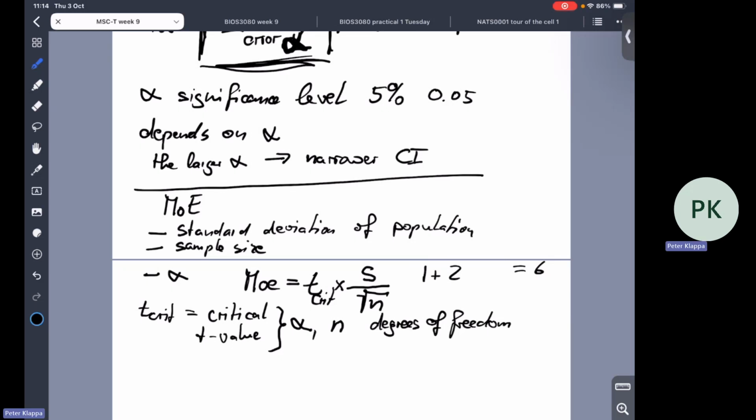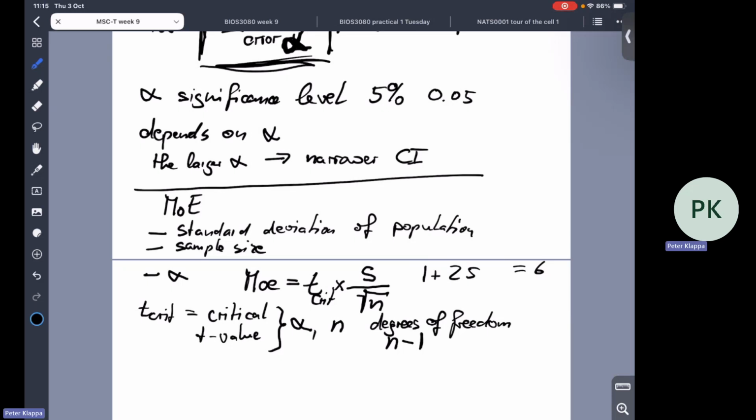Then I can figure out the third one myself, right? If I have 1 plus 2 and it should be 6, I know that the third one must be 3. So I need to know at least 2 numbers. If I have 1 plus 2.5, again, I need to know at least 2 numbers to figure out this one. So the degrees of freedom are given by n minus 1. That is what I need here. And that is what this t value actually says.